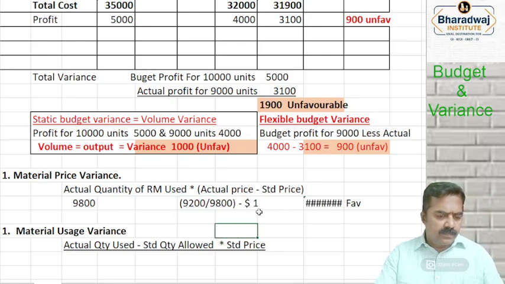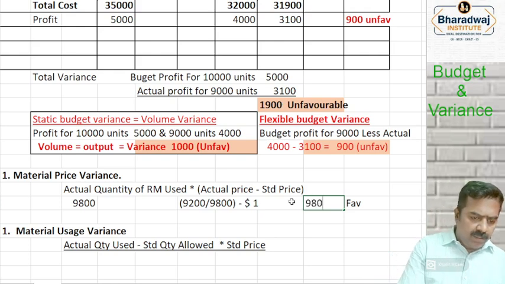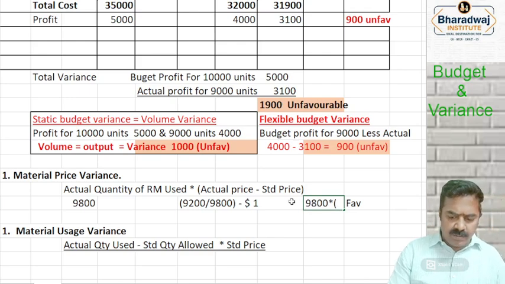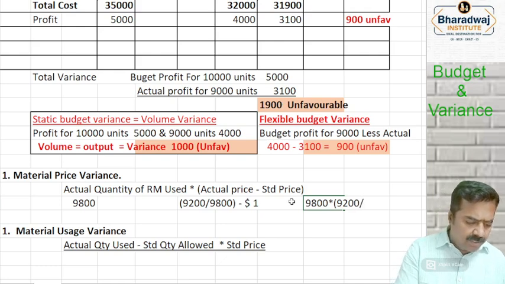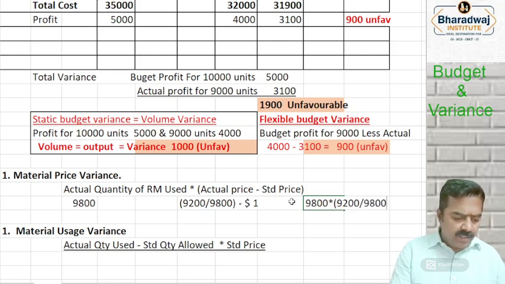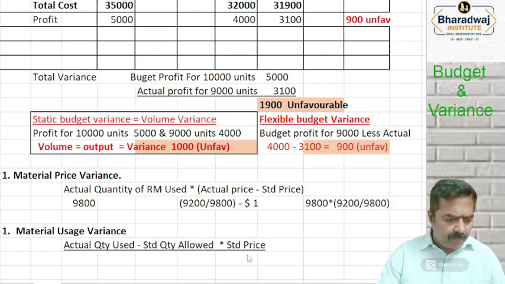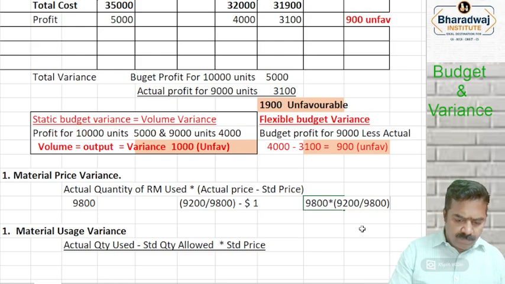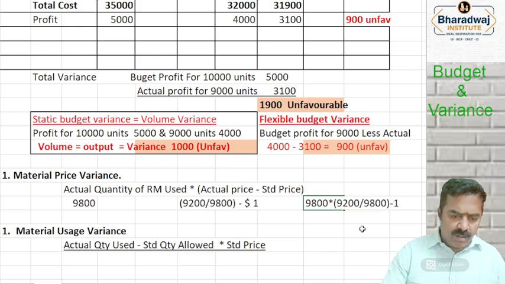Work out this. 9,800 into actual price, which will be 9,200 by 9,800. This will give us per unit cost, minus $1.